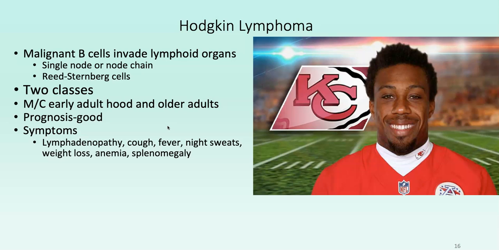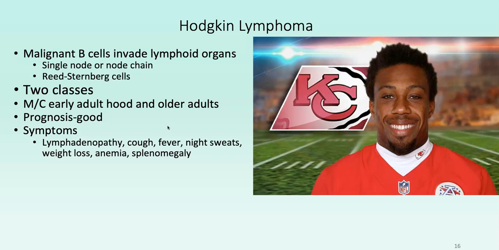First, Hodgkin's lymphoma will develop in a single lymph node and spreads contiguously. This means it will only spread to a lymph node directly in line with it.